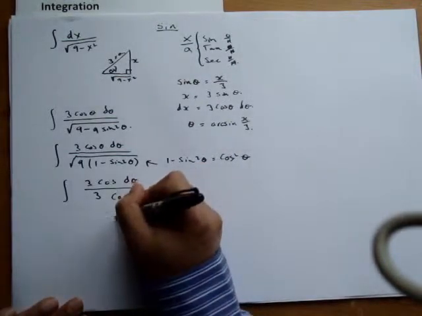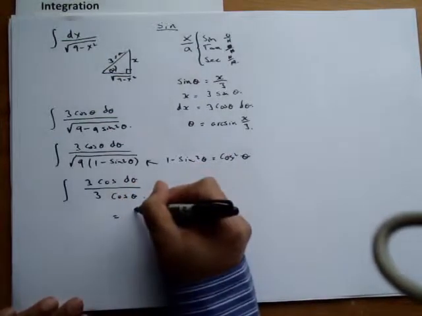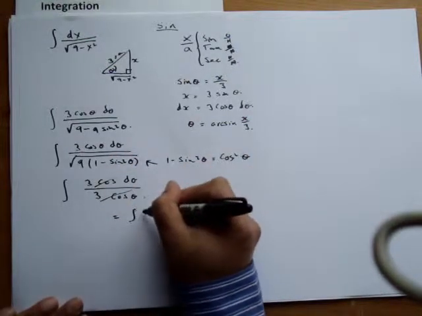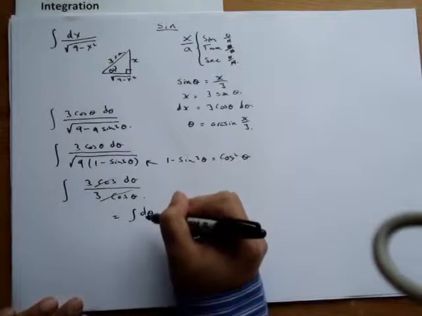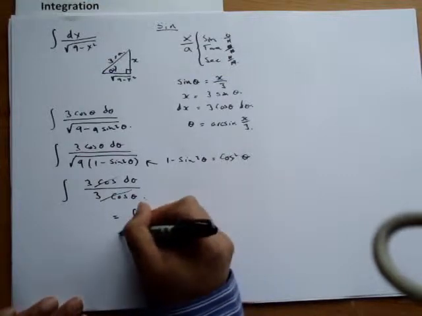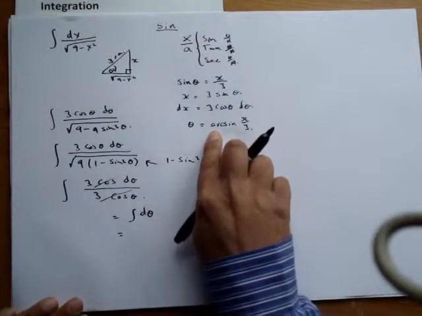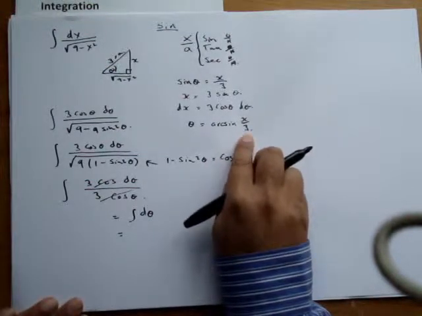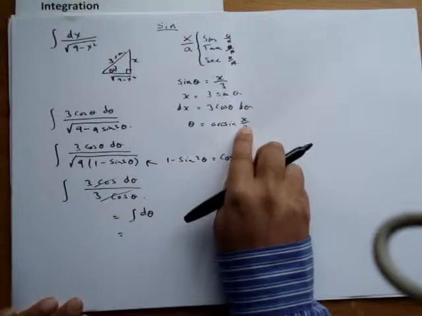So this, when we cancel the 3, is the integral of d theta. And we said theta was arc sine of x over 3.